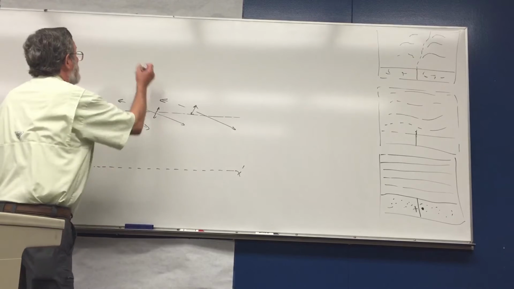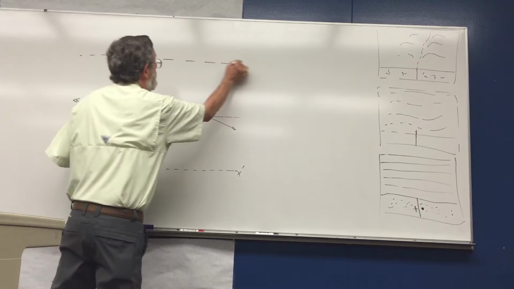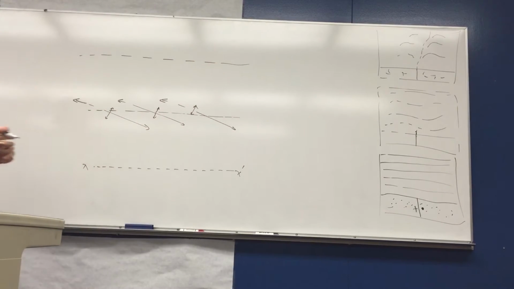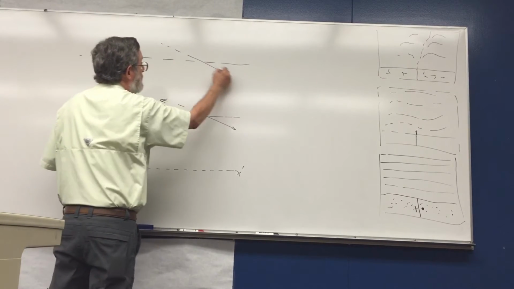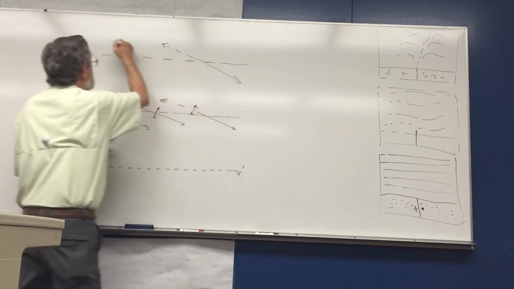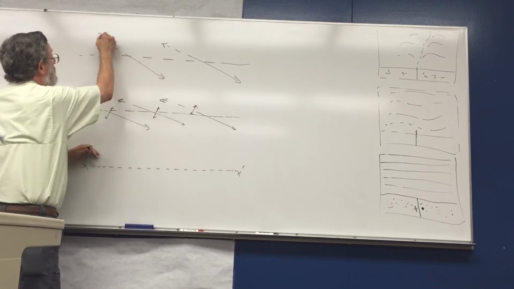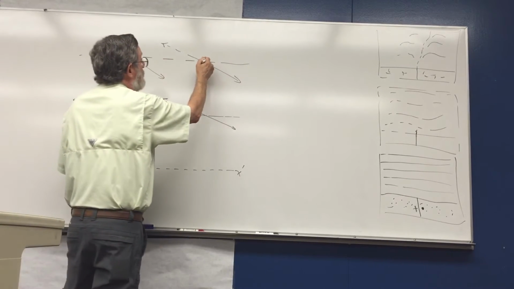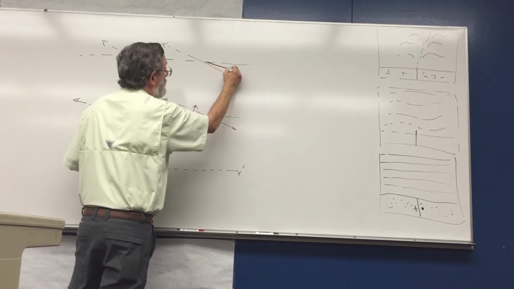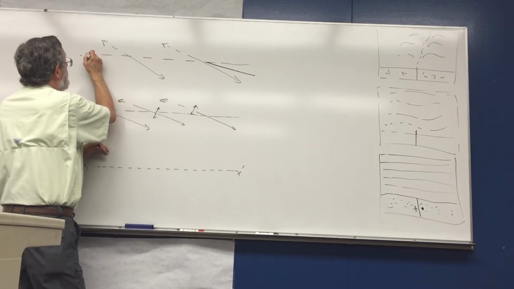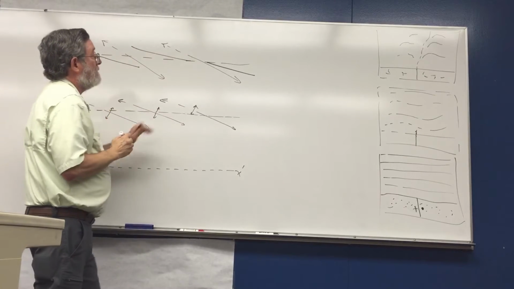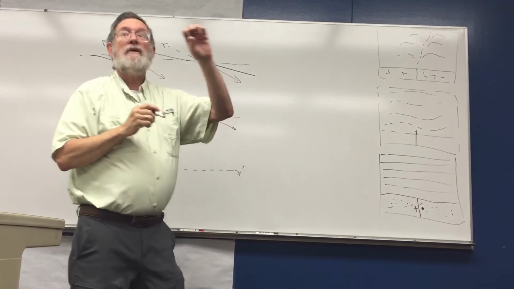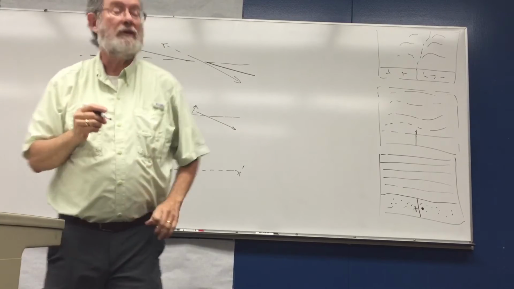What we find is, here is our through-going fault at depth. These folds are going to still be there. And now we start seeing low angle faults developing that have the same sense of displacement.